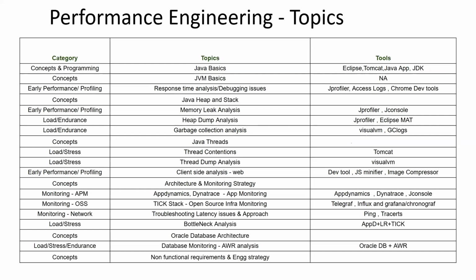Every component in your server, be it a database or a messaging queue or any middleware, your application server, everything has to be healthy. Even if one of the components is not healthy, that is also going to impact your overall performance. So you should have a proper monitoring strategy. So we'll spend time on how to create a monitoring strategy, right, by reviewing your architecture.